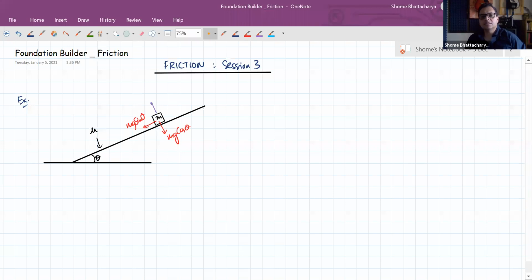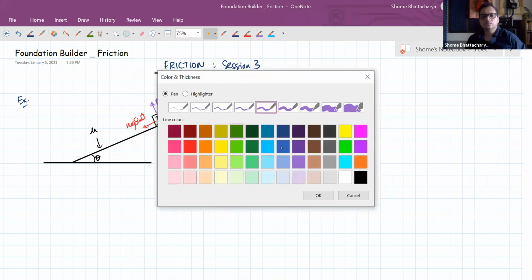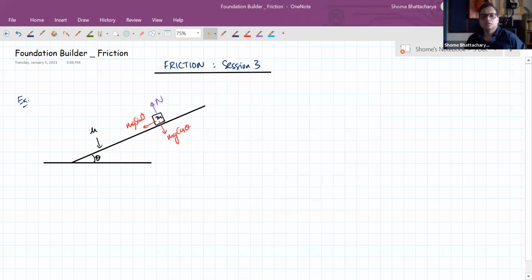So the normal reaction and the friction act in such a way that the maximum friction available to us is mu n, or what we call the limiting friction. First of all, normal reaction is equal to mg cos theta.